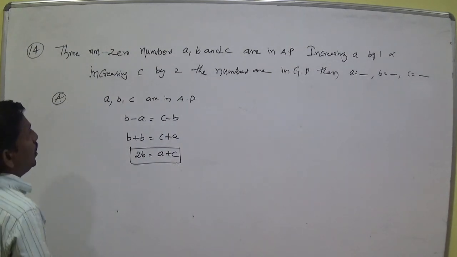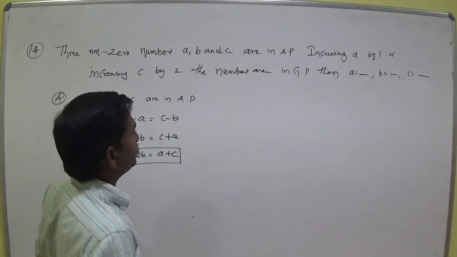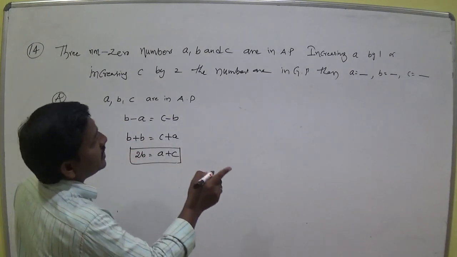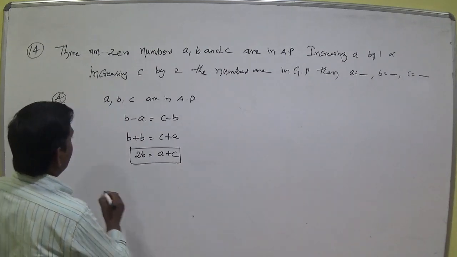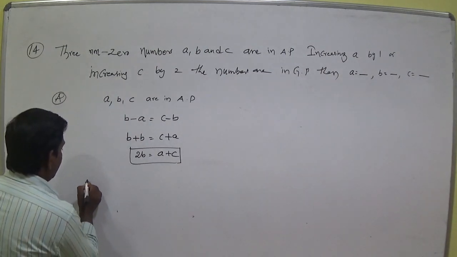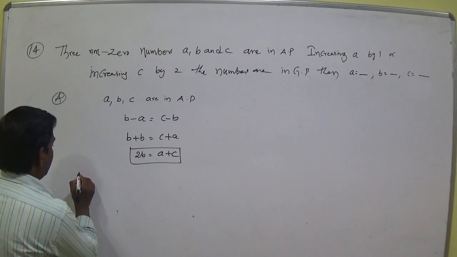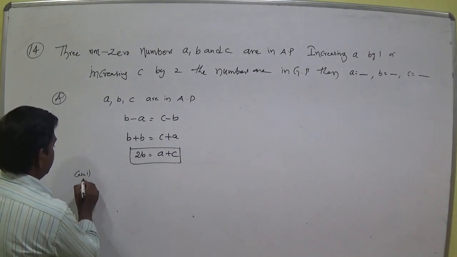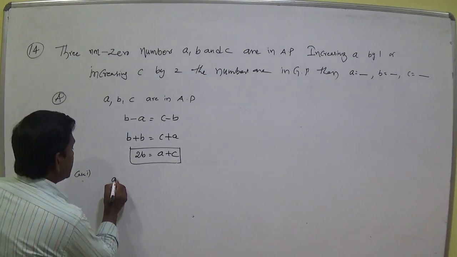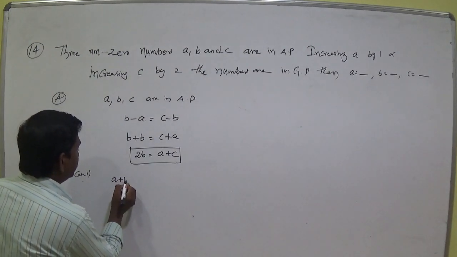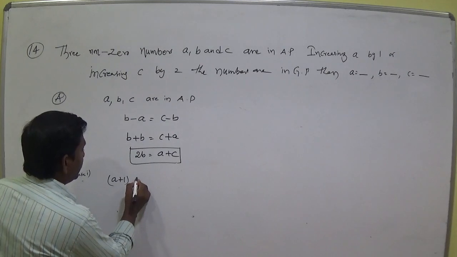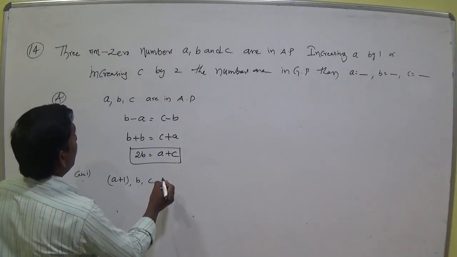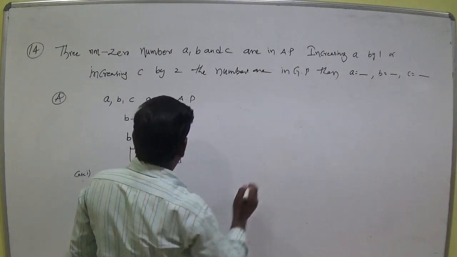And what is the first condition? Increasing a by 1. For example, in the first case, increasing a by 1, a plus 1, b and c are in GP.